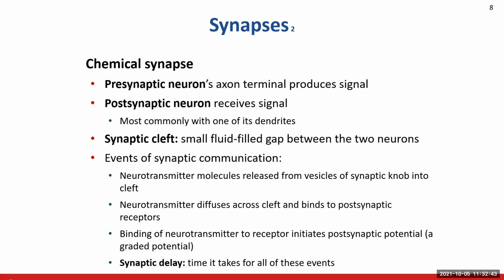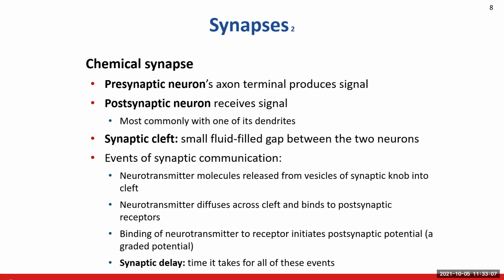When the electrical signal comes down and triggers the release of that neurotransmitter, the synaptic vesicles start to migrate towards the synaptic cleft on the inside of the synaptic knob. They bind with the plasma membrane there and release the neurotransmitter into the synaptic cleft.